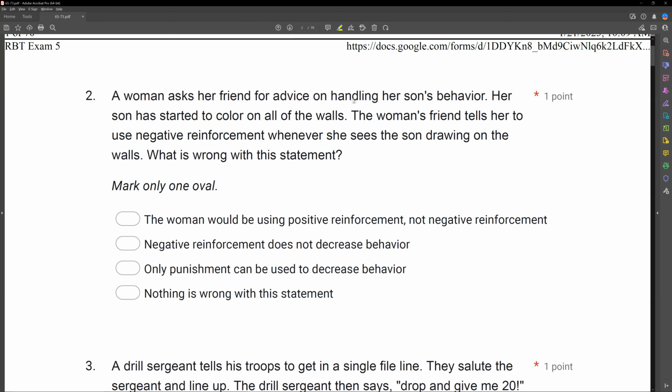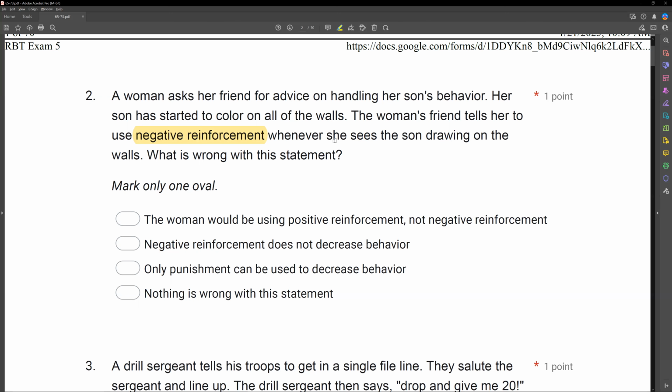We have a woman asking her friend for advice handling her son's behavior because he's coloring on the walls. The woman's friend tells her to use negative reinforcement whenever she sees the son drawing on the walls. What's the issue here? Why is it wrong, or is it wrong to use negative reinforcement to handle this situation? A, the woman will be using positive reinforcement, not negative reinforcement.